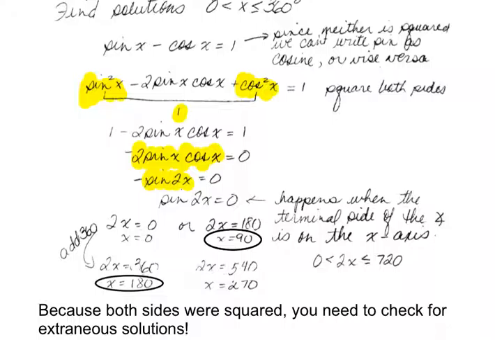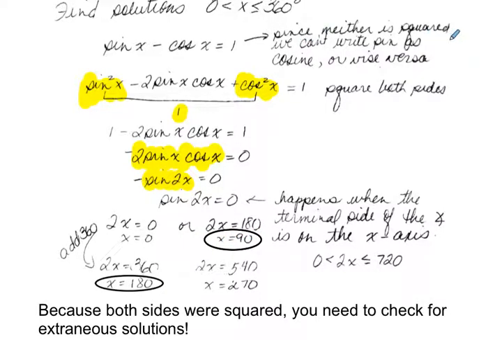So that ends up telling me that I have the terminal side of my angle on the x-axis. Sine is 0 when y is 0. So I know that 2x equals 0, or 2x equals 180. So I have to solve each of those for x.